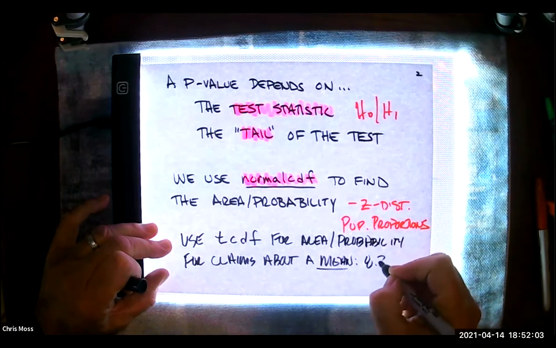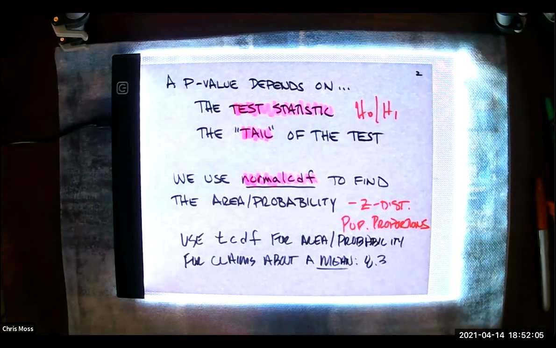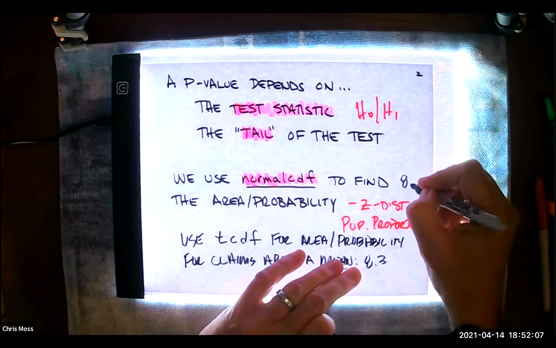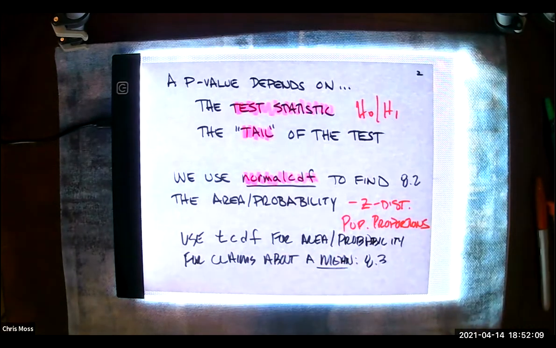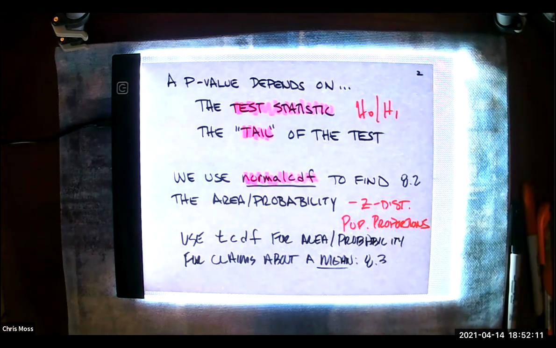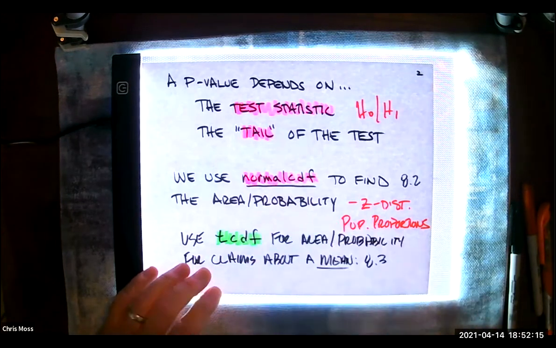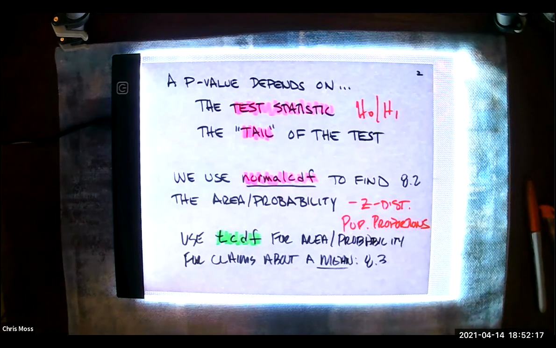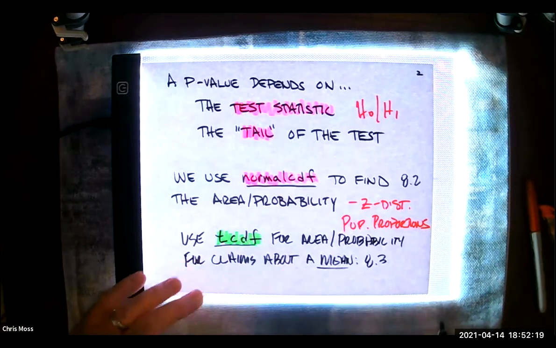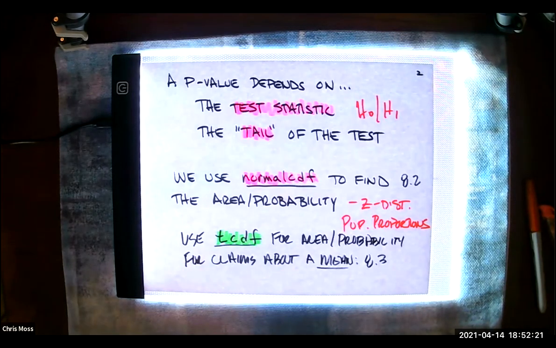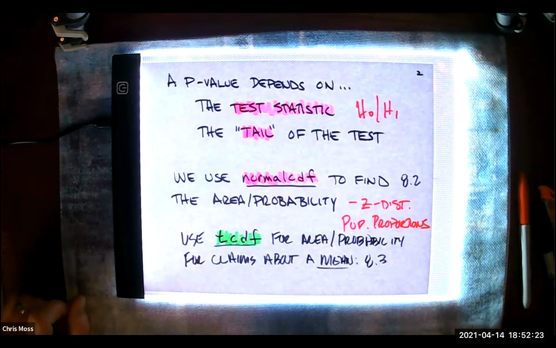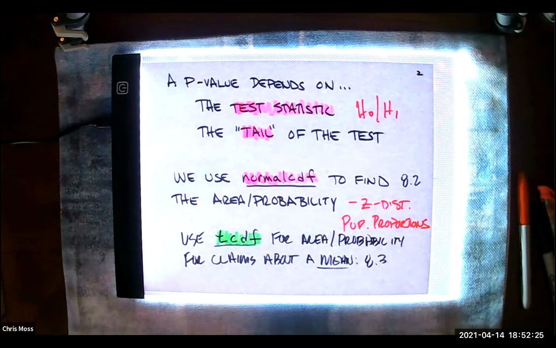And you'll see this in 8.3, where you find this guy here in 8.2. So normal CDF versus TCDF. And you'll need to remember the degree of freedom, but I'll let people remember that on their own. So basically, that's how we find the p-value.